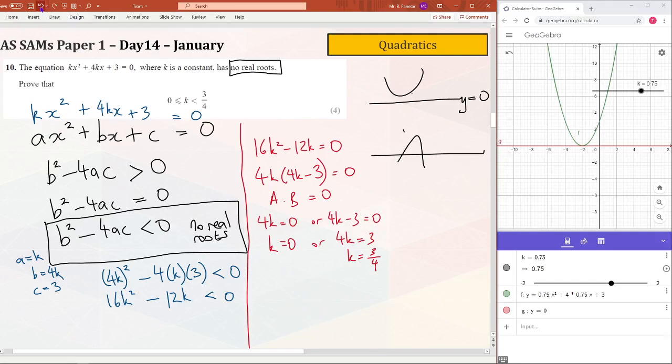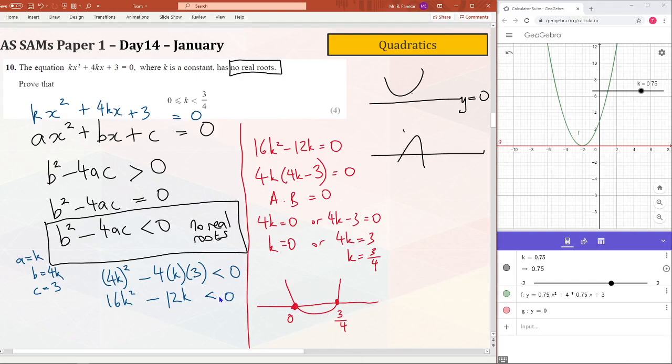And now to answer the inequality part of the question, I would always want you to sketch a quadratic graph, something like this. You can see it's a positive, so I'm going to draw a U shape, and then I have these points to consider. This point here is 0, this point here is 3 over 4, and as that's less than or equal to, when is this graph less than 0? So what are the range of values here?